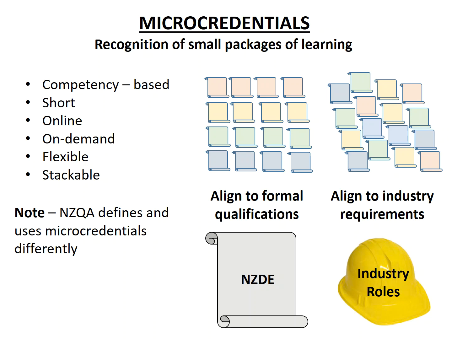So for example, you might have an industry role of someone that's a site engineer for an earthworks project. And so they would be pulling micro-credentials off the geotech courses, off the engineering management courses, off the construction practices courses, and they'd be pulling it together into a package of learning that encompasses all of the competencies that one would require to do an earthworks project or to manage an earthworks project.